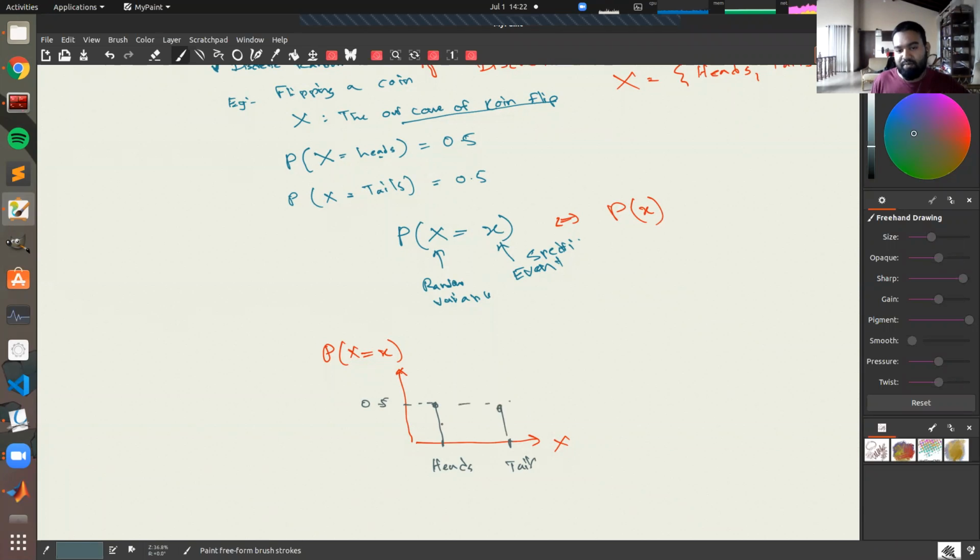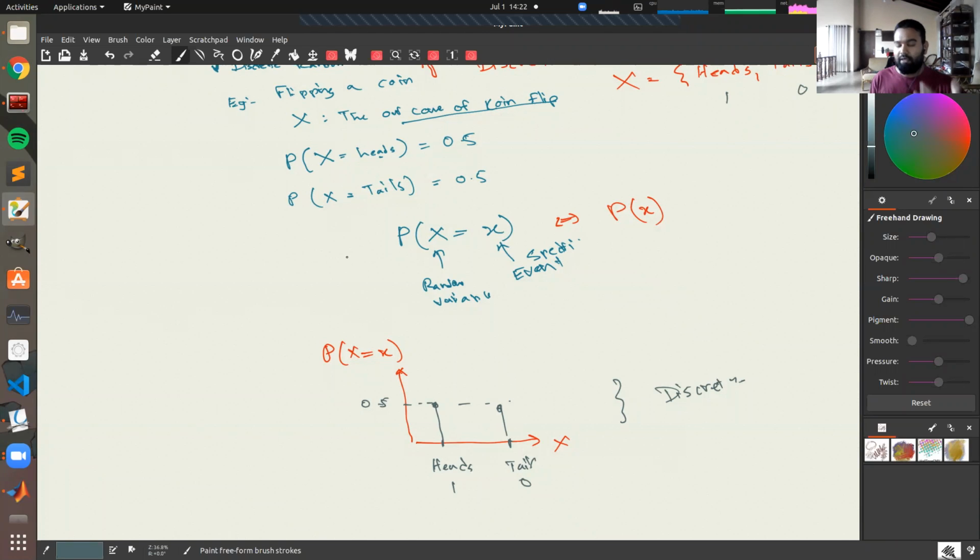You can see from this graph itself that this is very discrete. Another thing you can do is represent heads and tails as numbers. For example, you can say heads is 1 and tails is 0. So you're essentially asking what's the probability of x equaling 1 and x equaling 0.